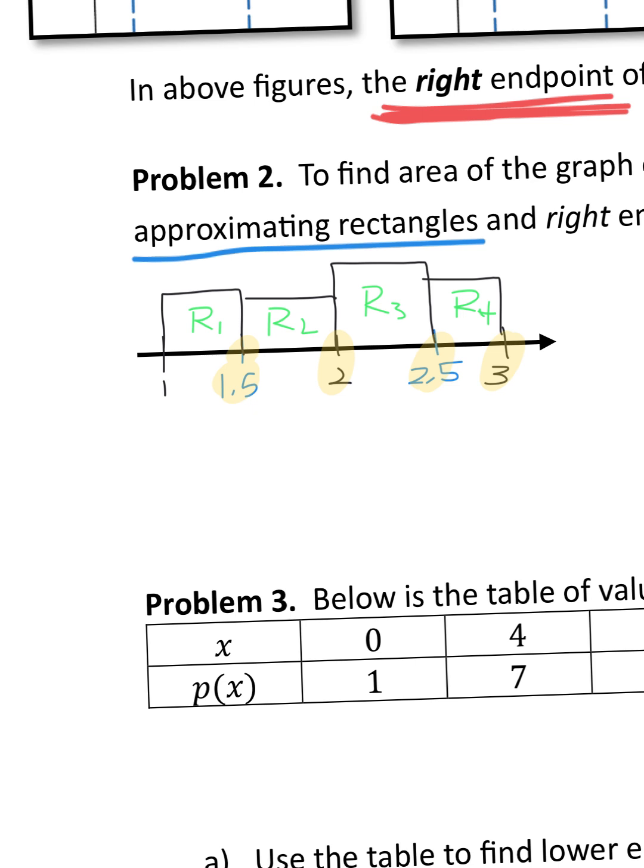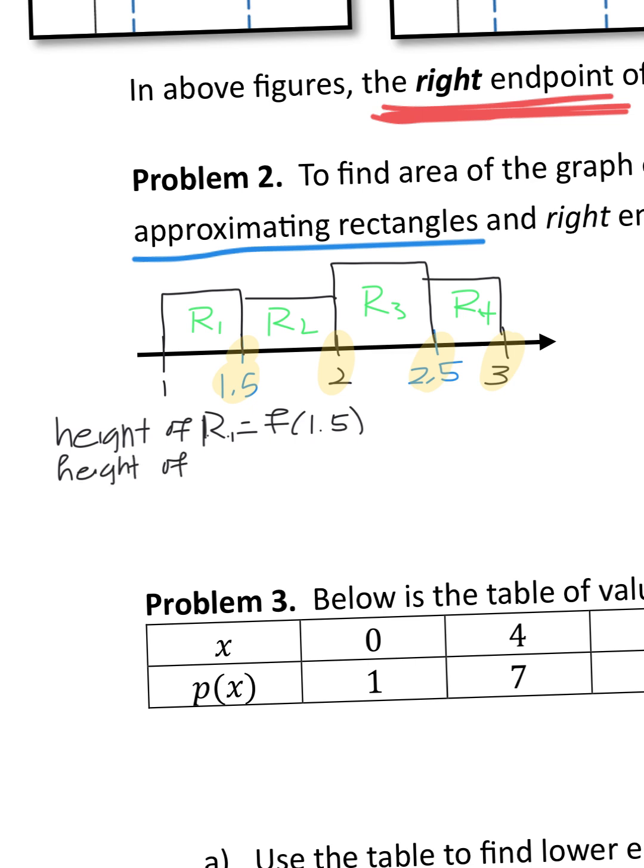So what we're going to do then is we're going to write down the height of the rectangle R1. So height of R1, this is the function evaluated at 1.5, and just to point out, this is the same function as before.